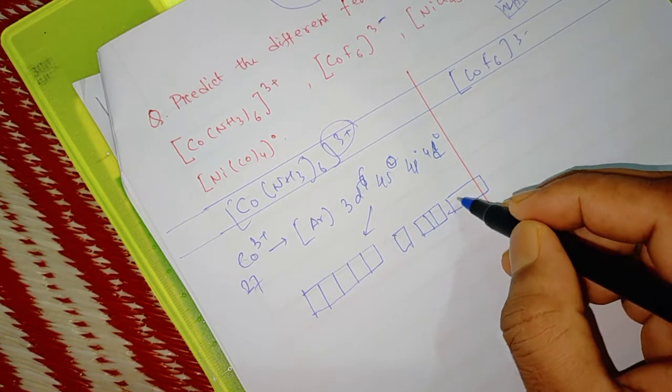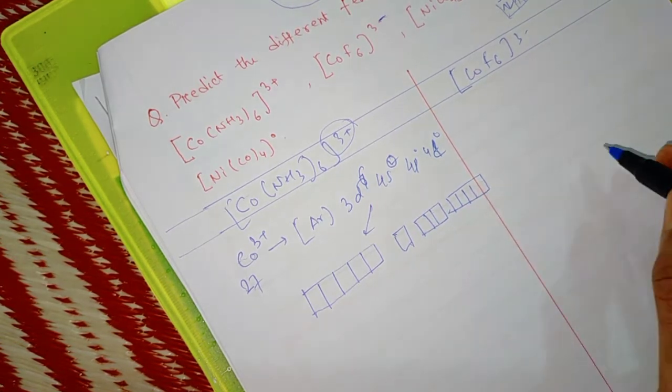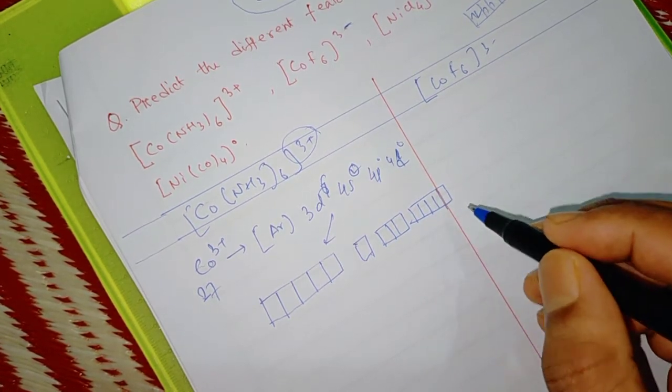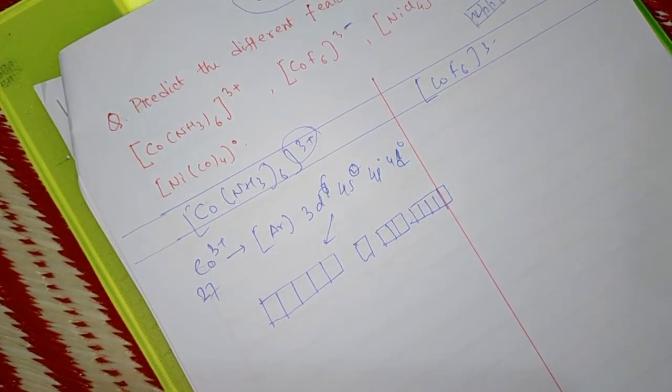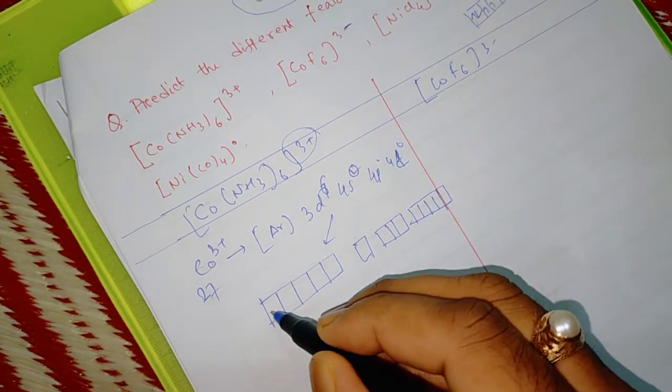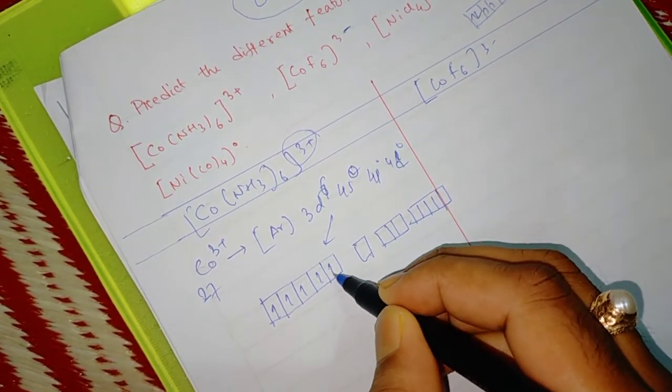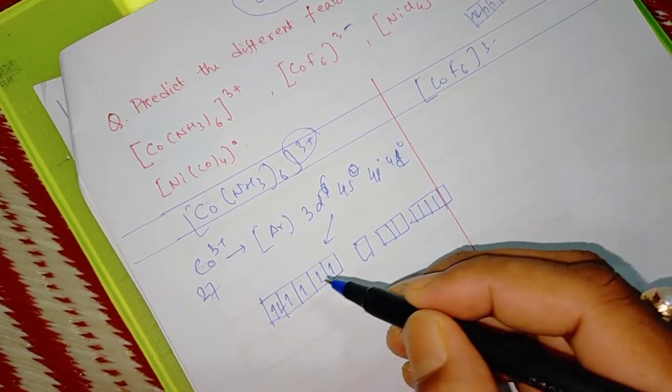So 4d. Boxes are there. Now here we have 1 electron, 2, 3, 4, 5, 6 electrons.